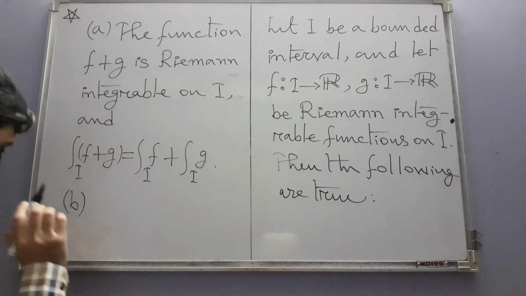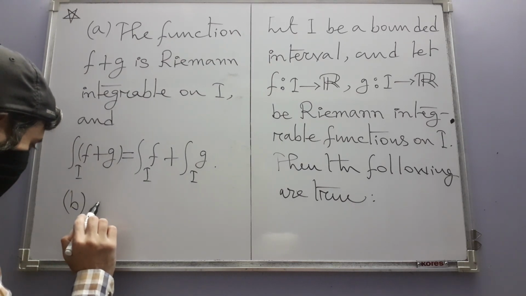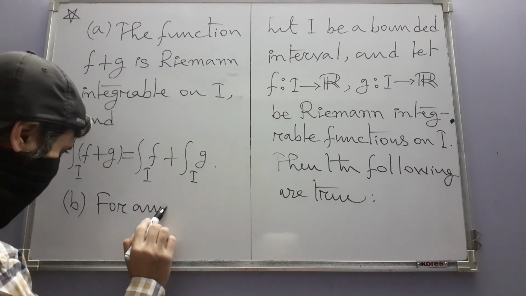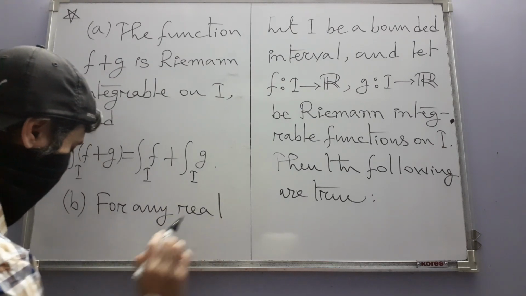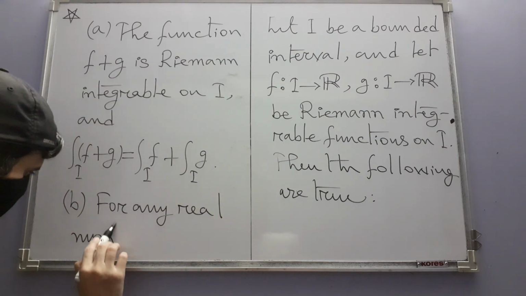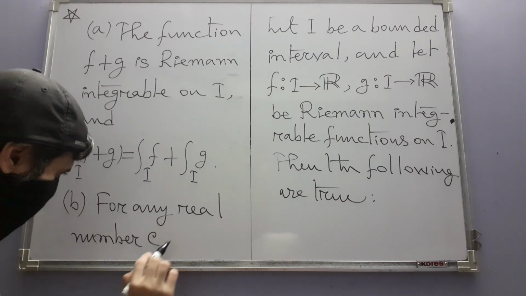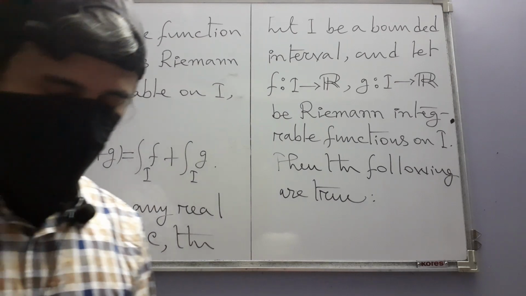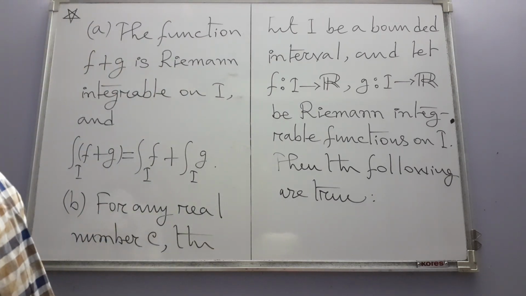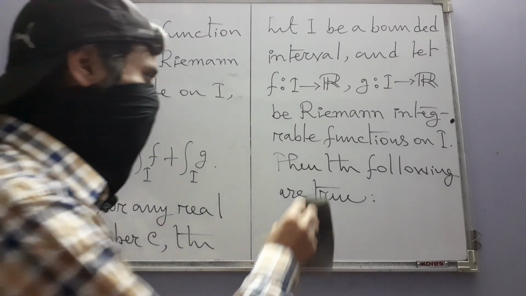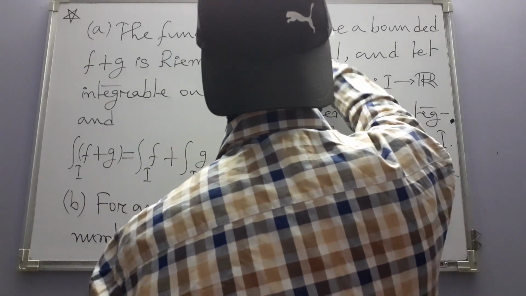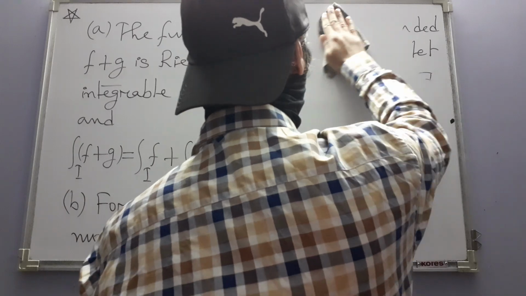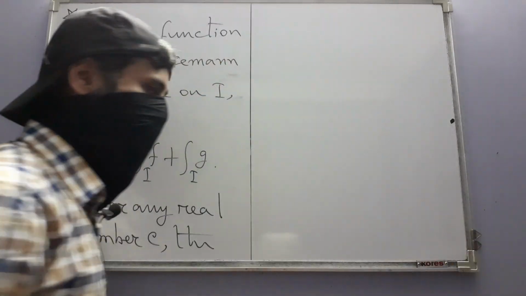Next, B. For any real number C, the function, the multiple of f by C, that is Cf, is also Riemann integrable. Multiplying a Riemann integrable function by a real number again gives us a Riemann integrable function.